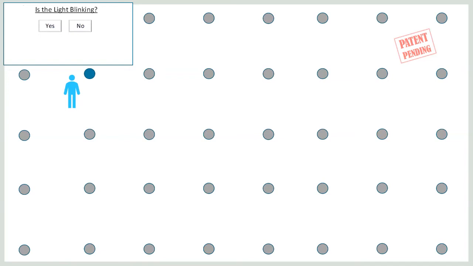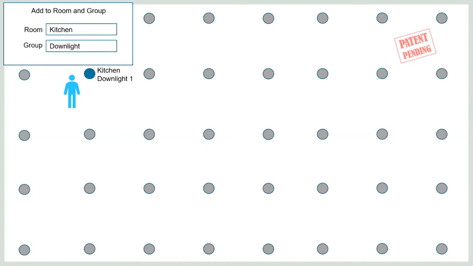Now all the fixtures that were not blue turn off, and the ones that were blue will be identified based on whether or not they are blinking. After a few quick clicks, the selection will be narrowed down to the desired fixture for addressing. The fixture can then be assigned to a room or group.